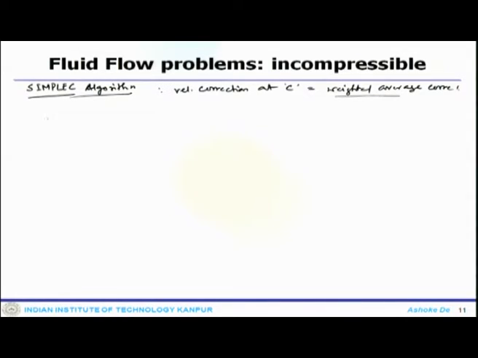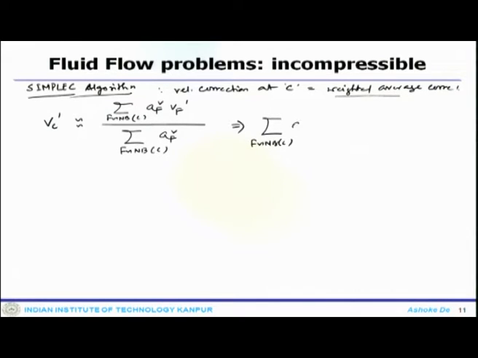So, the mathematics becomes Vc prime, which was calculated as summation over all the cells of af Vf prime over summation over nb(C) of af, which will get you summation of f over all the cell af Vf, which will be Vc prime summation over nb(C) of af.